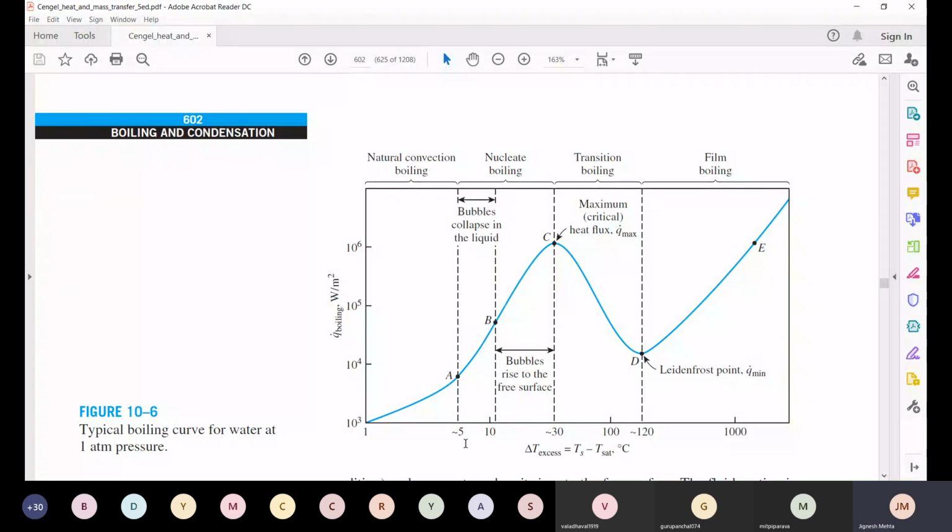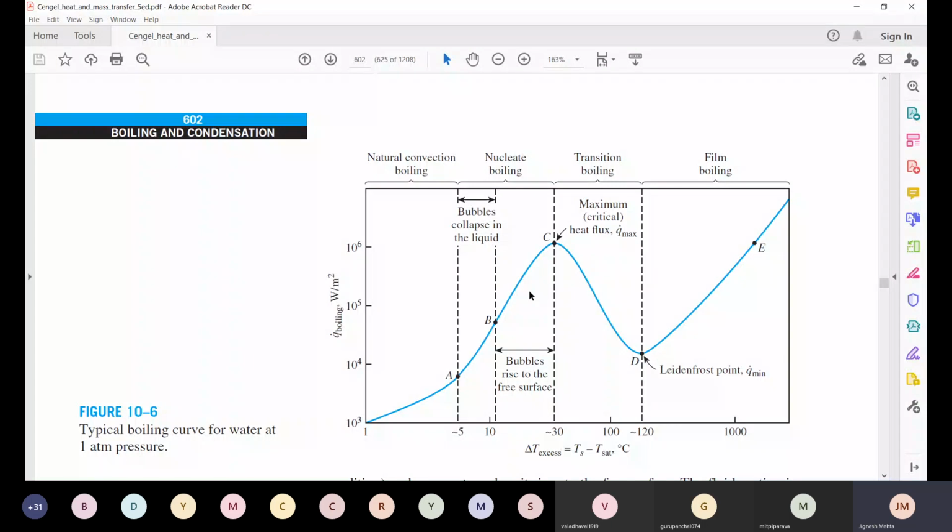So now this regime is called nucleate boiling. Okay, this regime is called nucleate boiling.